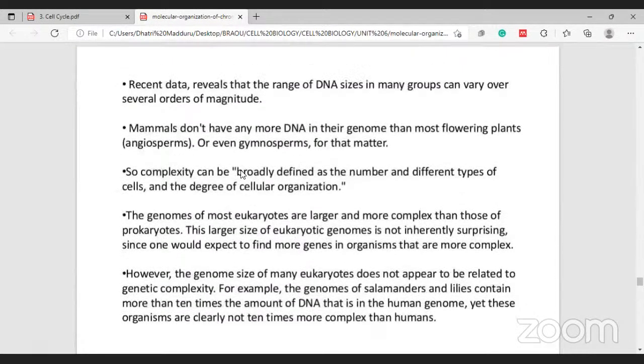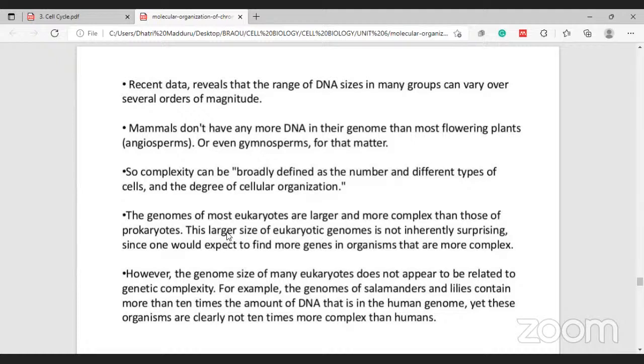The range of DNA sizes varies from organism to organism. Mammals don't have any more DNA in their genome than most flowering plants. It is similar to the flowering plant, the same amount of DNA is present.